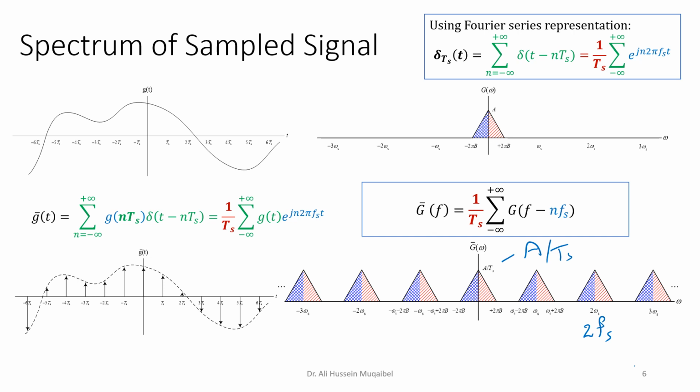So if somebody asks now, how do we go from this signal to this signal? How do we reconstruct the signal? In time, we are asking, how do we connect these dots? How do we go like this? Or should we go like this? In time, it's not an easy question to answer.